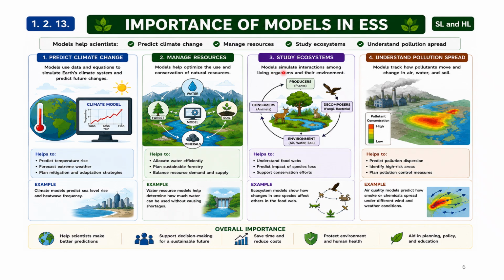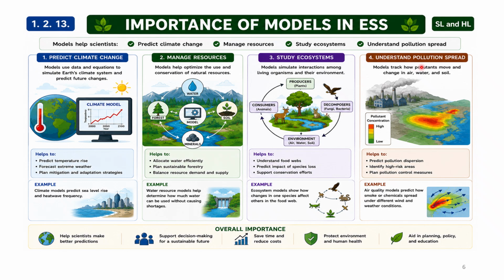Third, models help us study ecosystems by simulating interactions among producers, consumers, decomposers, and the abiotic environment. They allow us to predict the consequences of species loss and understand food web dynamics. For example, removing a top predator may trigger cascading effects throughout an ecosystem.